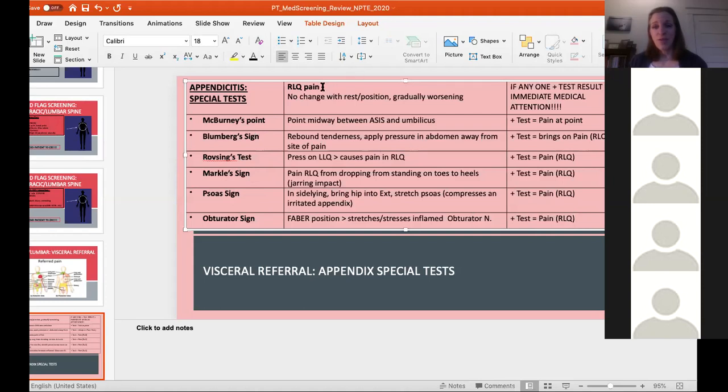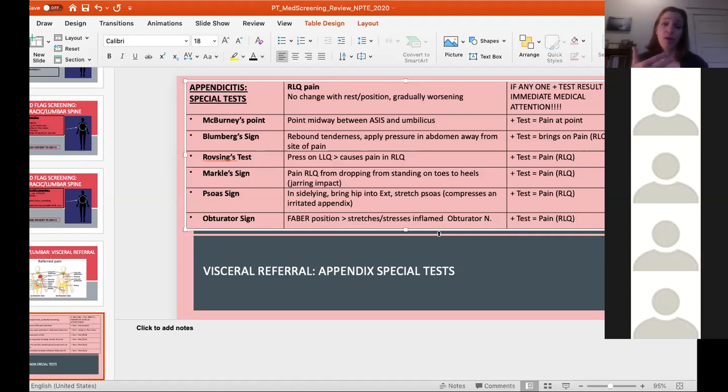But typically, what you're going to be looking for in your physical therapy exam is if somebody comes in with right lower quadrant pain that's not reproducible or not mechanical in nature. So your muscle testing, your palpation of muscles and joints in that area, your lumbar CPAs don't really change their pain.